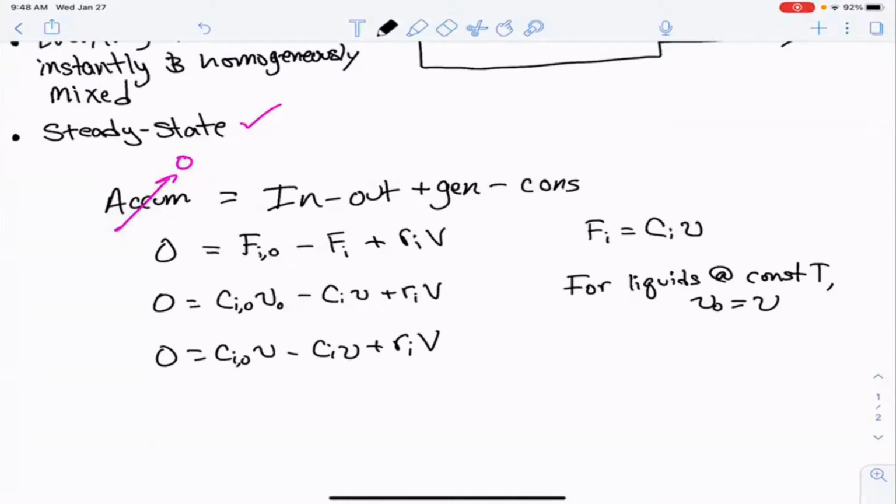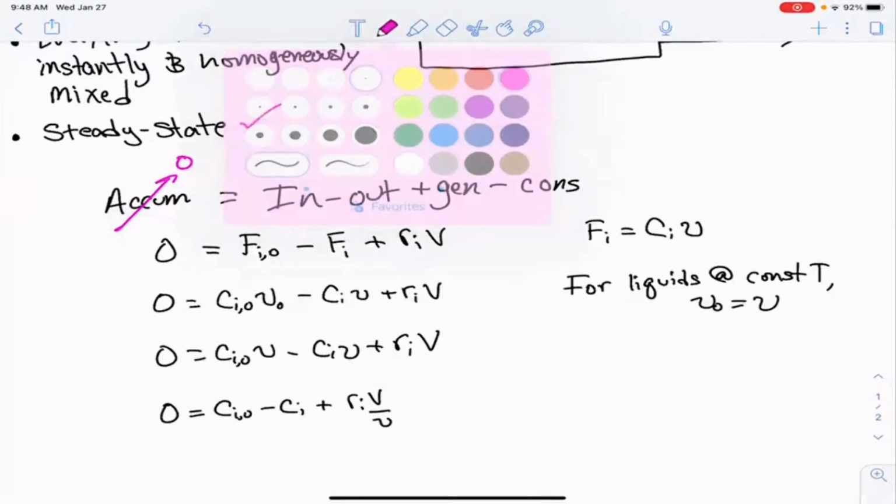Now we're going to divide this equation through by the volumetric flow rate. And we're going to get that 0 equals the initial concentration minus the final concentration plus R_i V divided by the volumetric flow rate. And you might think, why do we write it this way? That's because if you think about this, V has the units of volume, right?